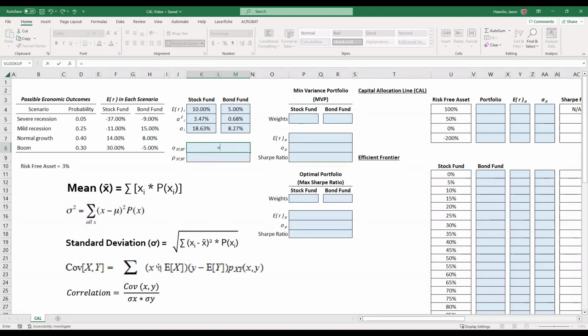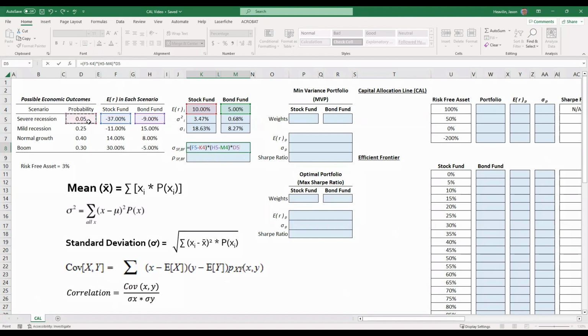So let's go with covariance here. So we are going to take X. Well, we want to open that parenthesis first, and then take the expected return of X on severe recession minus that average. But we're not going to square it this time. What we're going to do is multiply by the bond expected minus the bond's average, and then we're going to multiply by the probability.